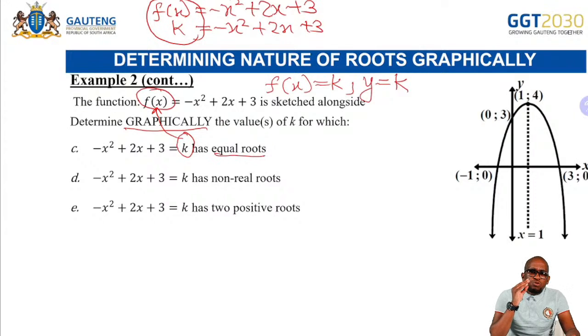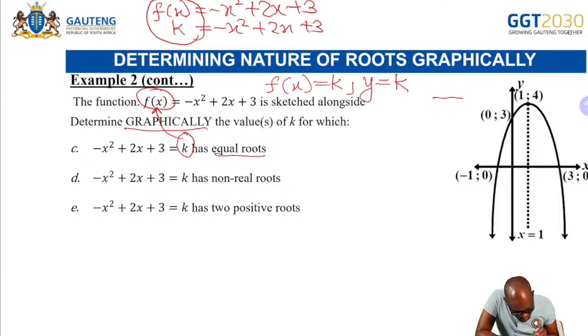So what do you know about equal roots? We've looked at it before when we were still looking at those parabolas. For you to have equal roots, you need a horizontal line to touch the graph only once. So in order for you to have a line touching the graph only once, that line should be located at the turning point.